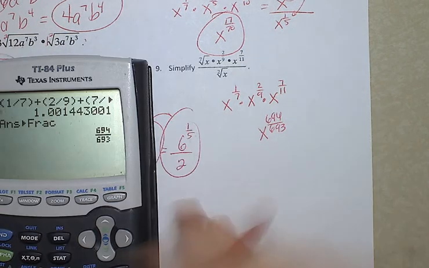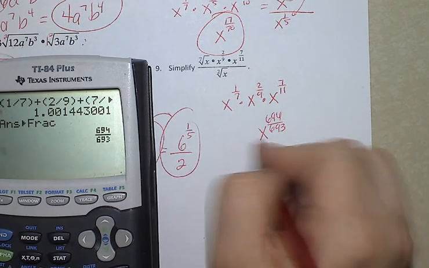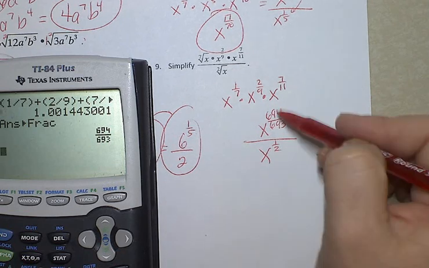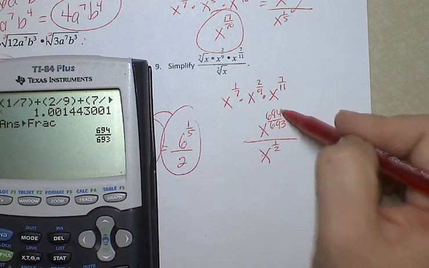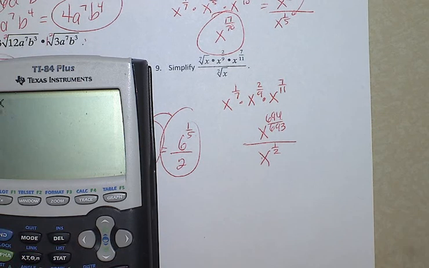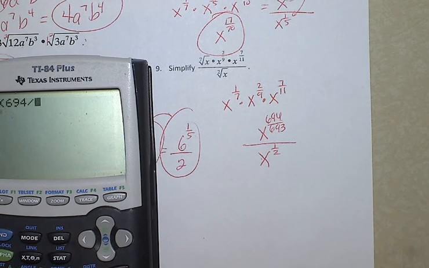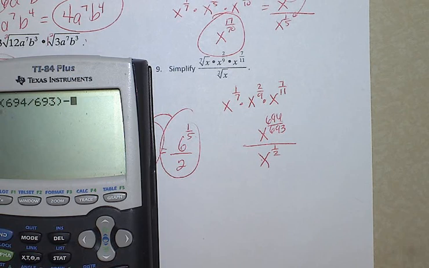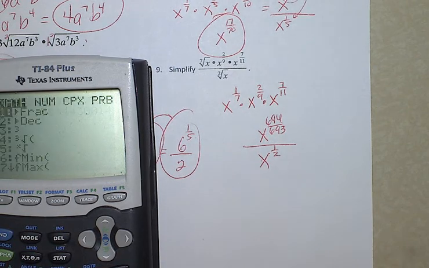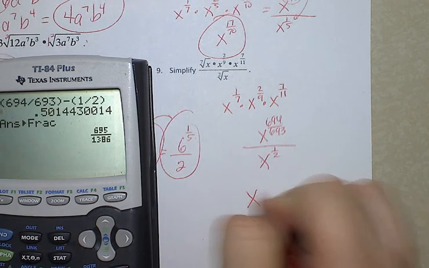And I'm going to take that top one and subtract 1/2, because when you have the same base and you're dividing, you subtract. Top exponent, subtract bottom. So 694 divided by 693, subtract 1/2, turn it back into a fraction, and my final answer would be 695 divided by 1386.